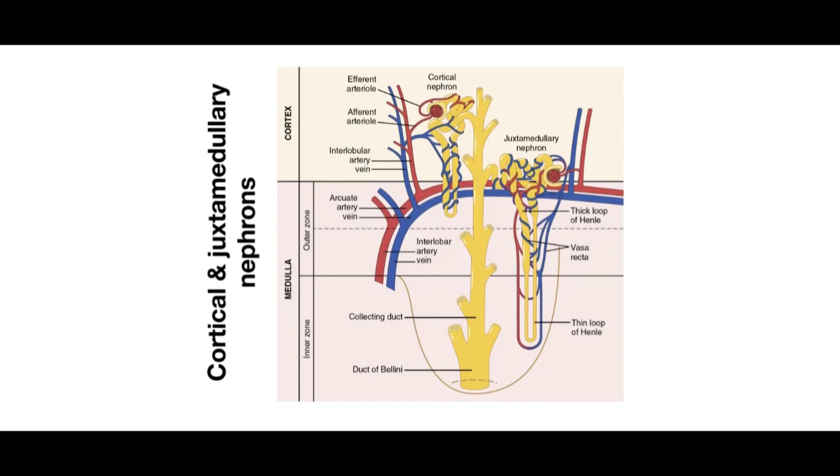Okay, so 85% is the rough estimate of how many of those nephrons you will have inside of the kidney, but 90% of the blood goes to those nephrons. They do the bulk of the legwork. Only about 10% of the blood is going to feed those juxtamedullary nephrons because they are just there for that unique role of producing concentrated urine. Okay? So your cortical nephrons do most of the work.